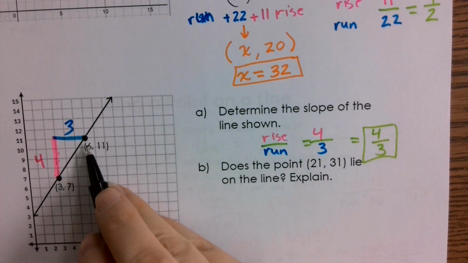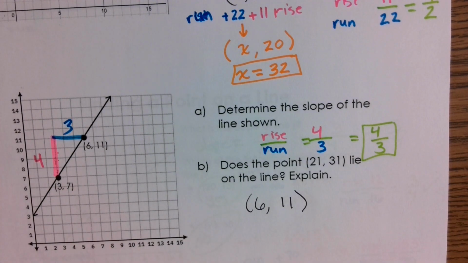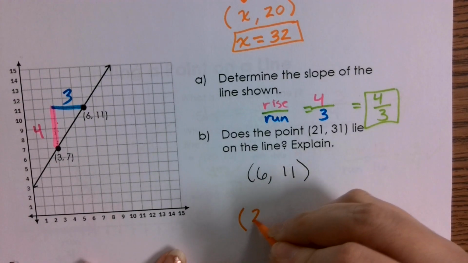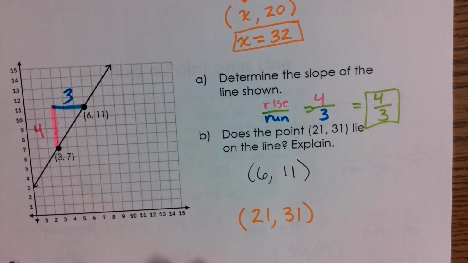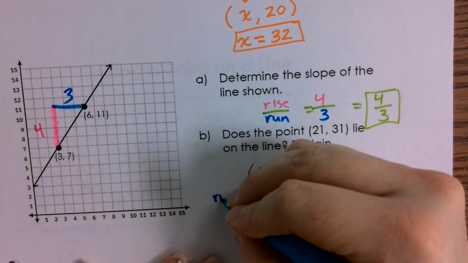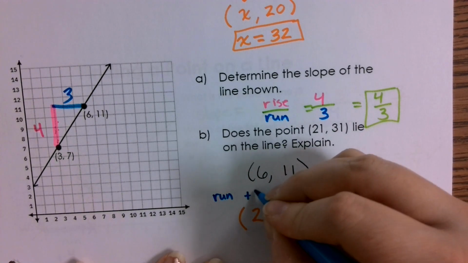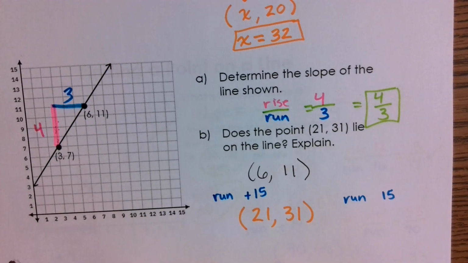All right, taking one of these points, I'm going to take the point (6, 11). I want to go to the point (21, 31). So I need to check my rise and my run. We're going to do my run first. To get from 6 to 21, I'm increasing by 15, so I have a run of 15.